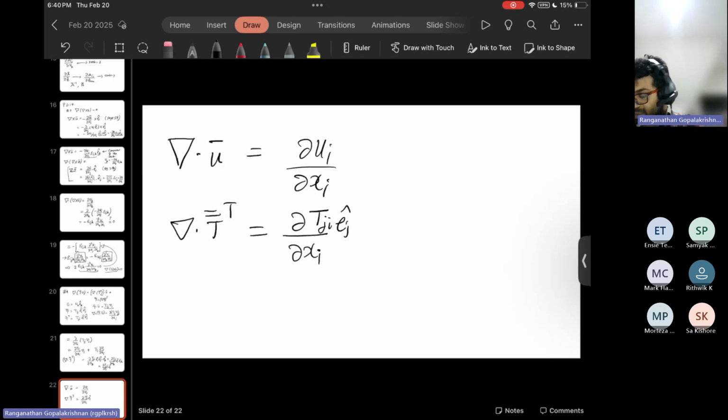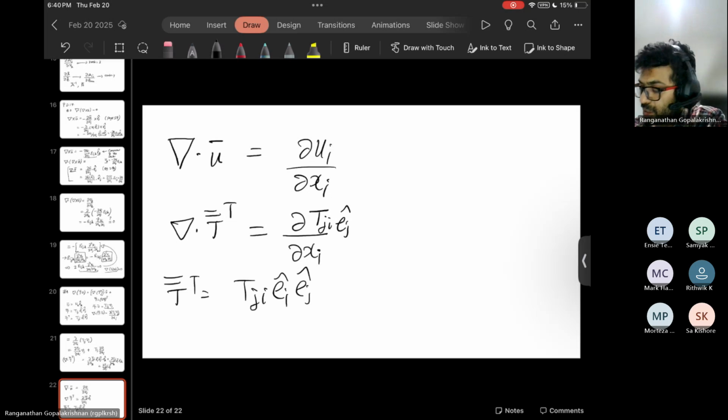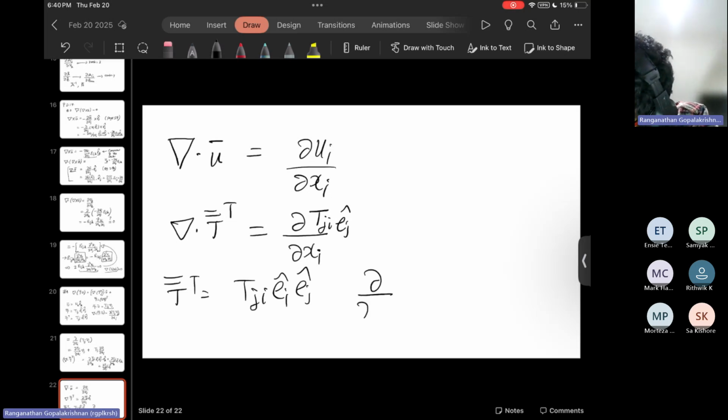Now, how do I get this? I know T transpose is T_ji e_i e_j. So I'm going to do the partial derivative with respect to x_k of T transpose and then dot this with e_k.